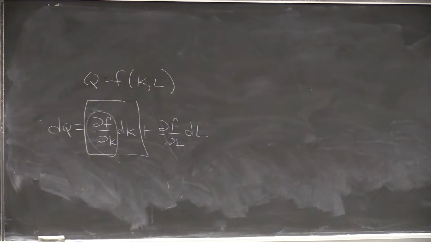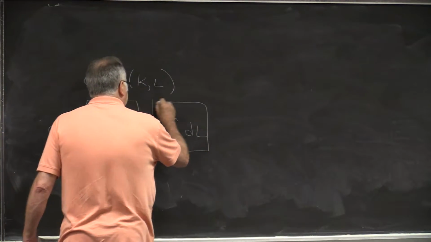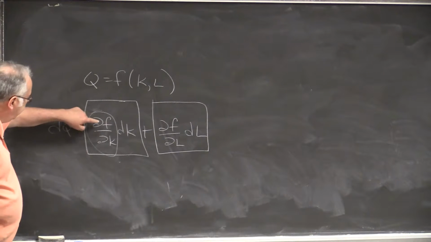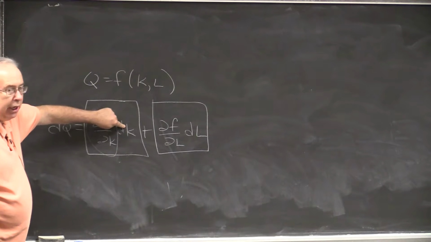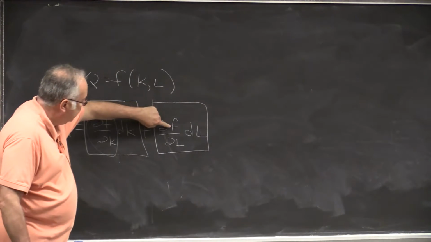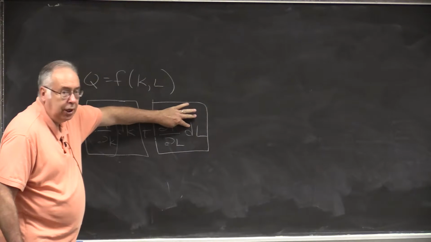If you take the second term all together, that is the change in output due to the change in labor. So in words, the total change in output is the change in output per unit change in capital times the change in capital, plus the change in output per unit change in labor times the change in labor.